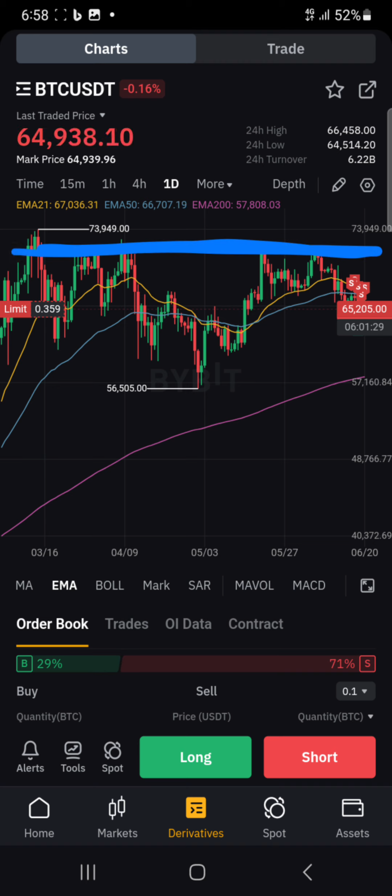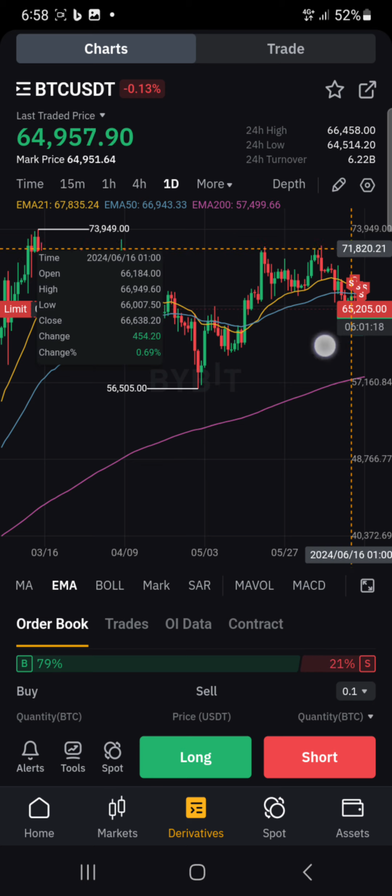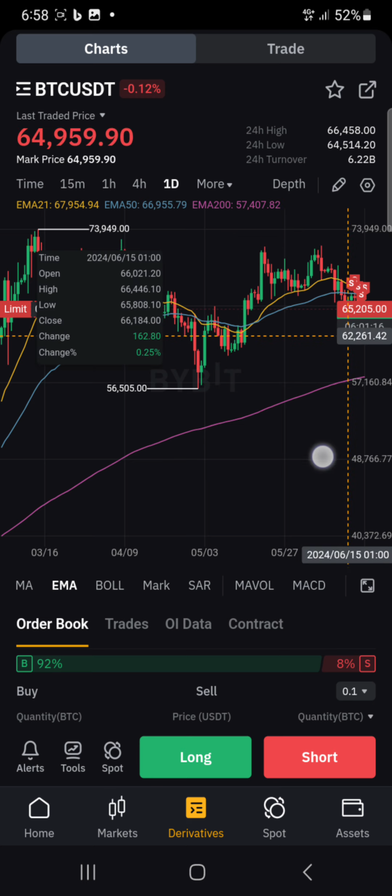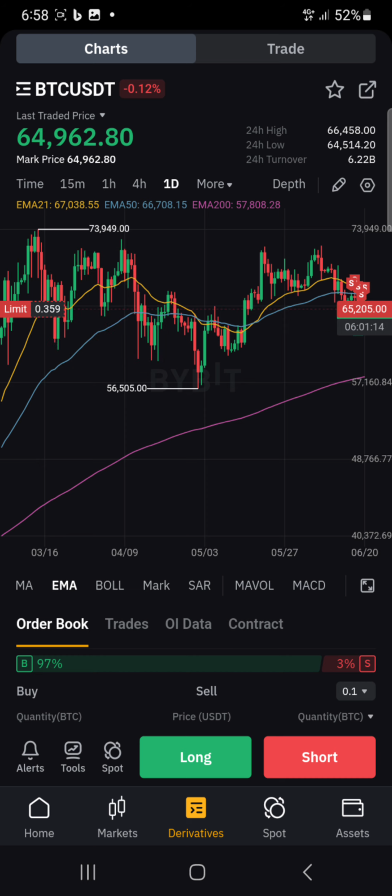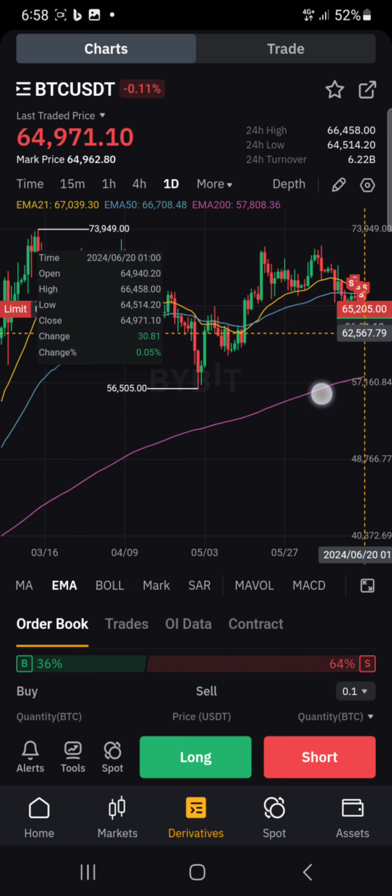If this neckline of the daily time frame breaks, the price target will be the distance from this point here down to this point here. Now, if I do a rough estimate, we have 71.8 here, and also we have 61.6.